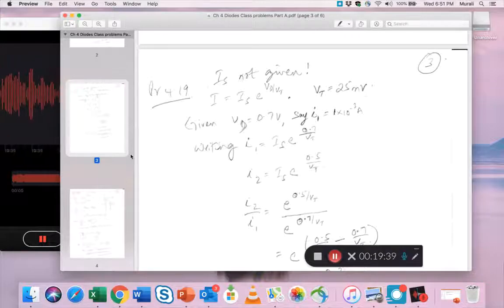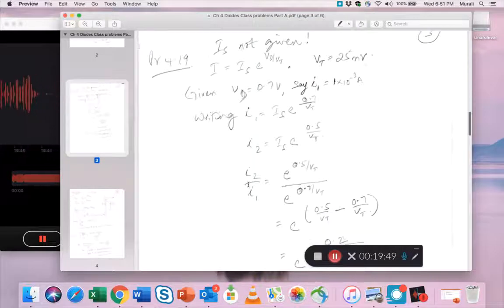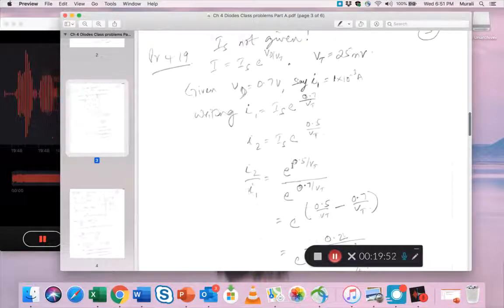So we have one equation for I. We know how to write that. We use Vt, which is roughly 25 millivolts. So we write two equations, I2 and I1. For I1, we use the 0.7 volts, and that results in 1 milliamp, we know. For I2 we only know the 0.5 volts, but we don't know I2.